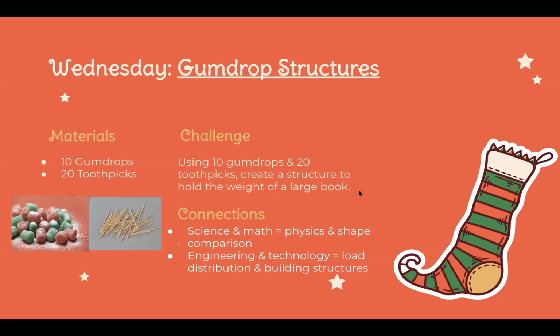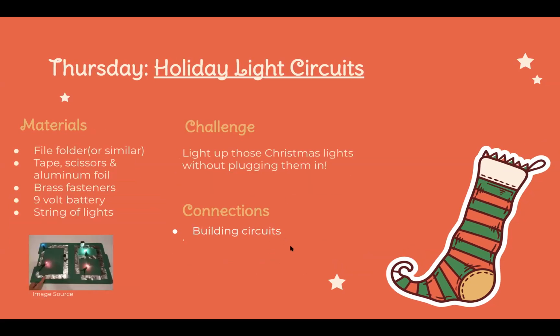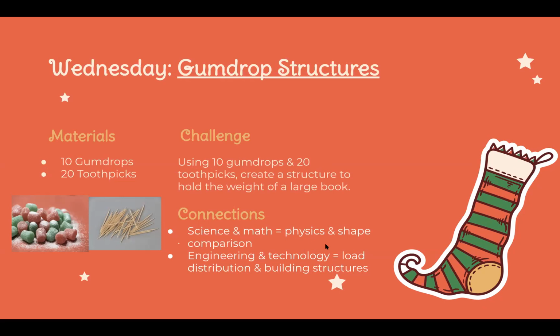What is it that you want this structure to hold? You can make it holiday related. You can make it related to something else in the classroom or at home. So we have some connections here. Science and math, physics and shape comparison, load distribution, building structures, things like that.